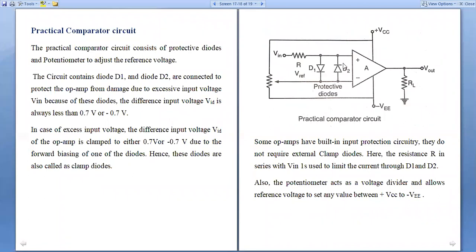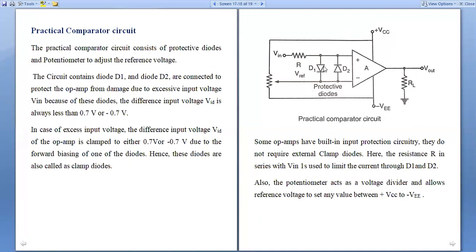These two diodes are used for the protection of the comparator circuit. And VID is the difference between the input voltage and the reference voltage. What is the purpose of diodes D1 and D2?